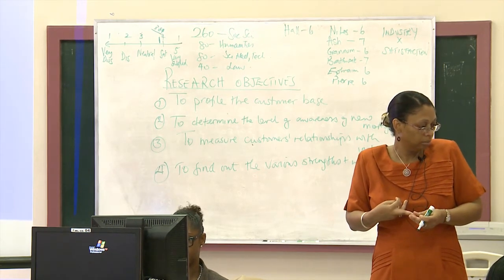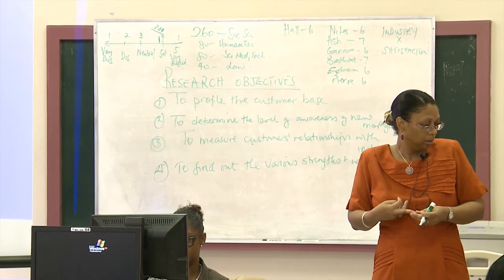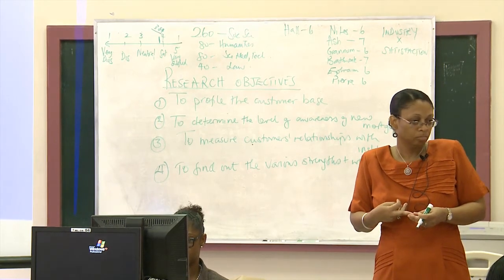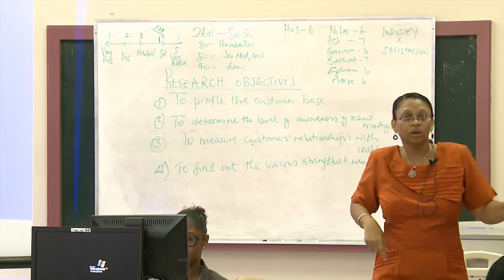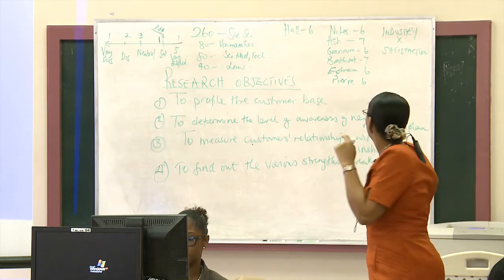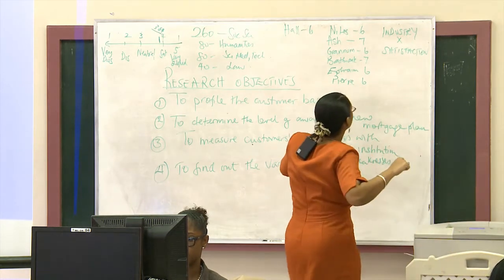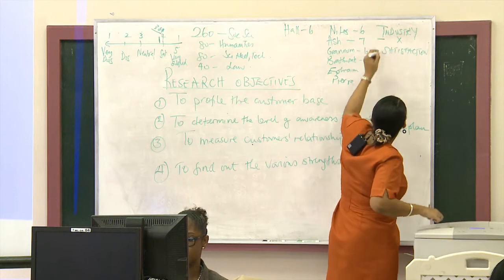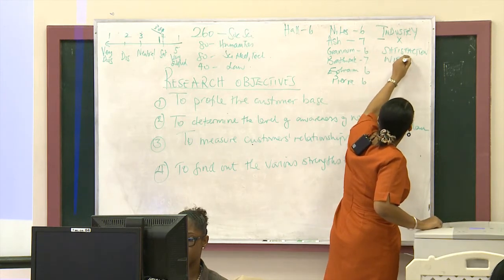Location by. Because depending on where the location is, people might not be able to get there. But you see, I ain't answering the question as to which location in this bank. I ain't asking that. That is a fault with the questions. So industry by satisfaction with opening hours.